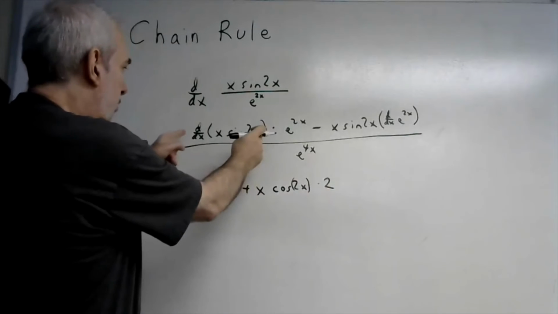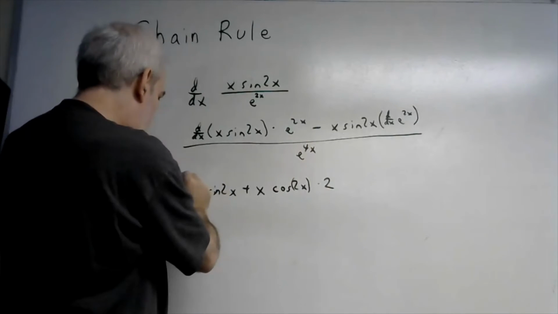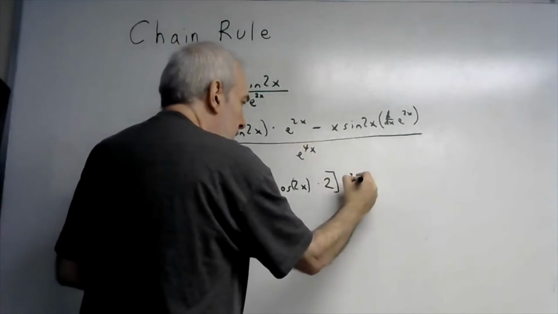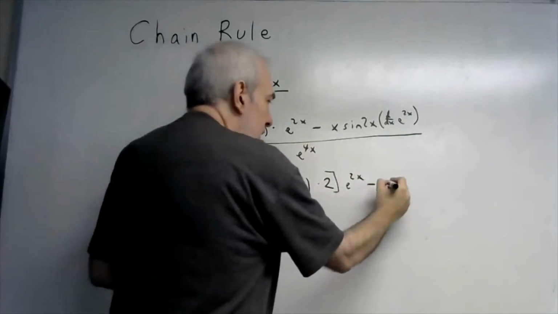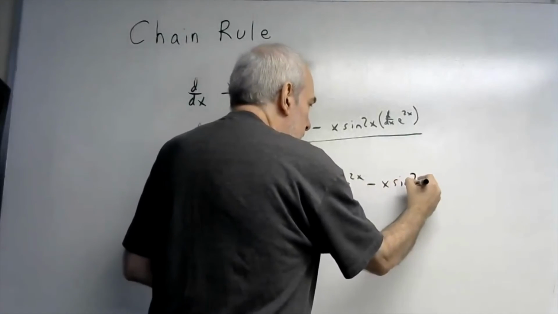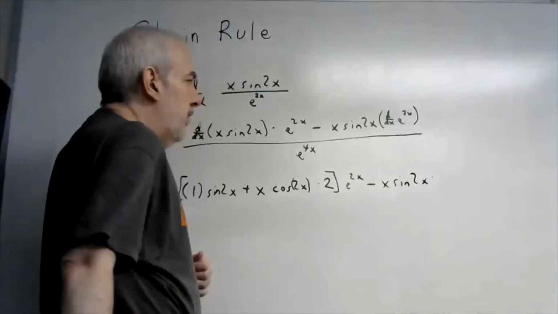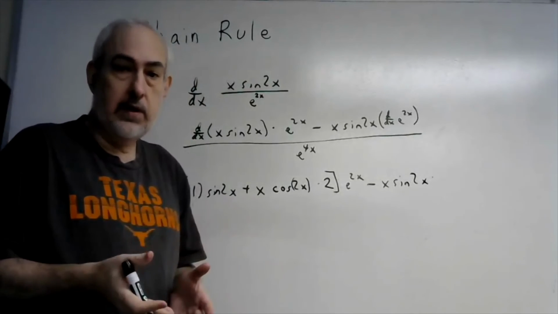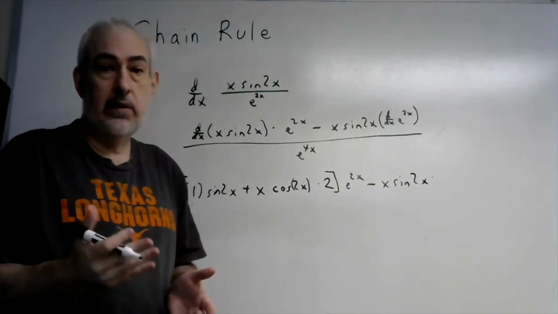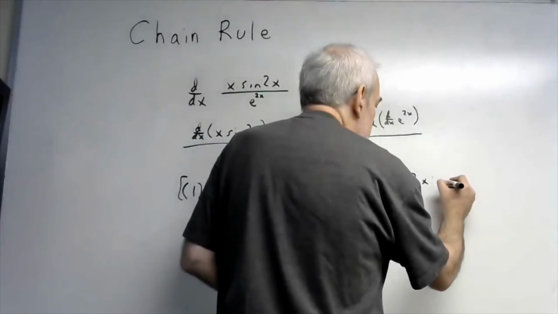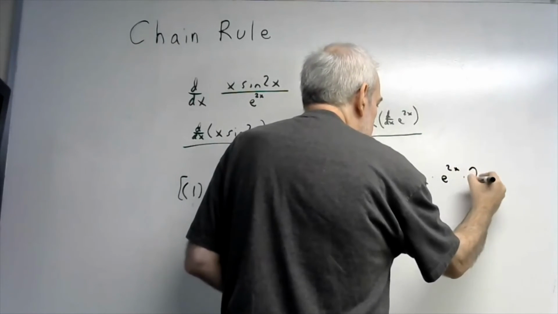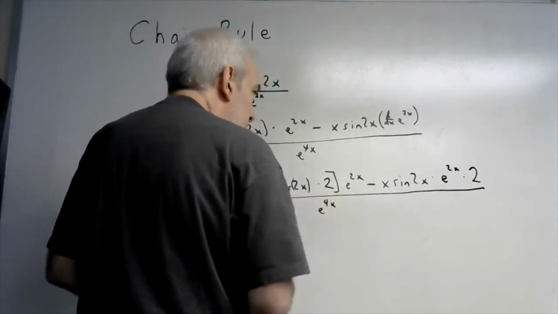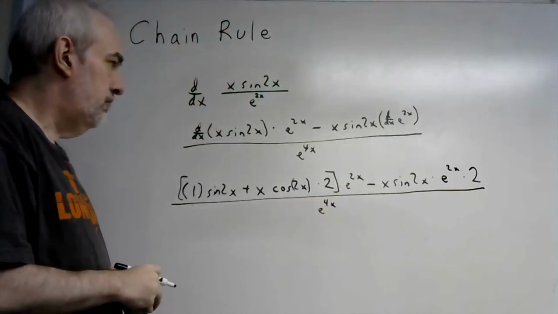That product rule is times this, so let's put a big parentheses because the whole thing is multiplied by e to the 2x, and then minus x sine 2x times the derivative of e to the 2x, that's yet another chain rule. It's going to be e to the 2x, then times the derivative of the top, so it's e to the 2x times 2. And all divided by e to the 4x.